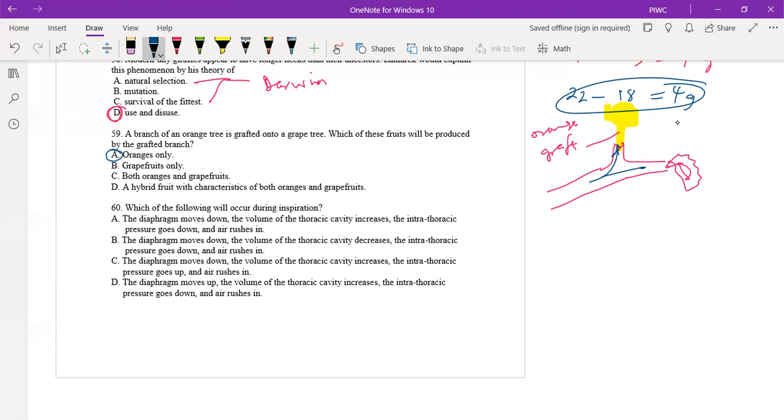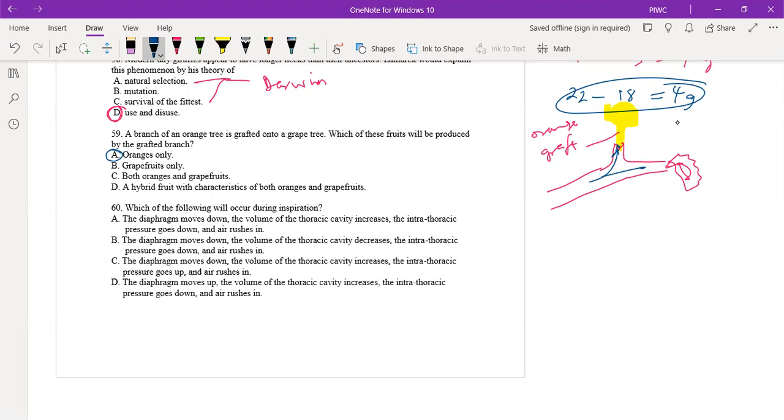And 60. Which of the following will occur during inspiration? During inspiration, as we said last time, the diaphragm moves down, the rib cage moves up. So the volume of the thoracic cavity has increased. Once the volume goes up, the pressure goes down.